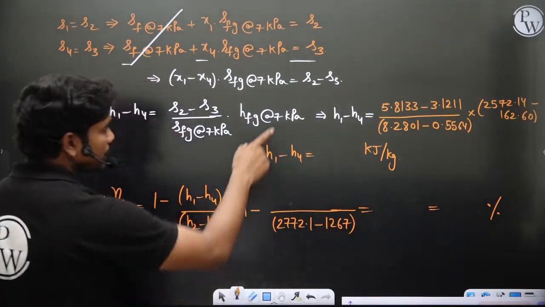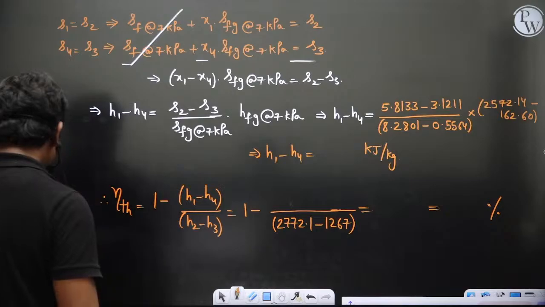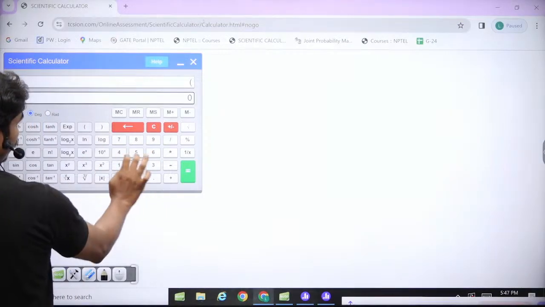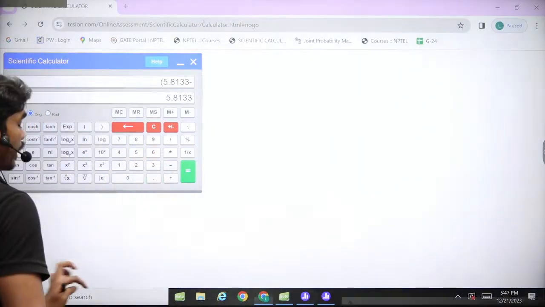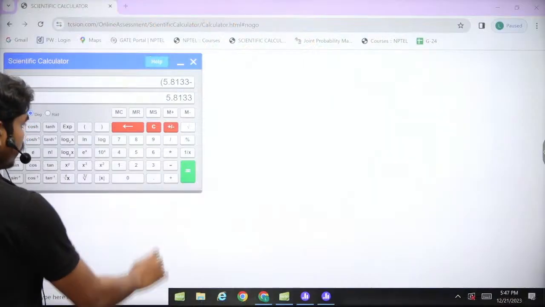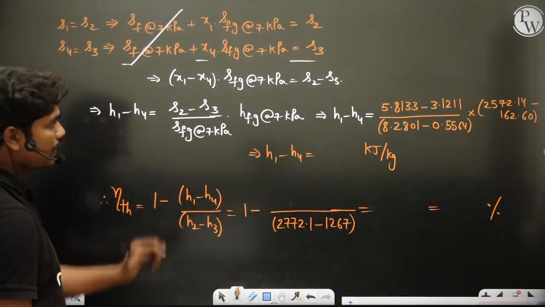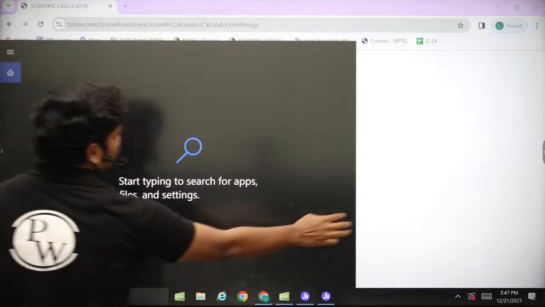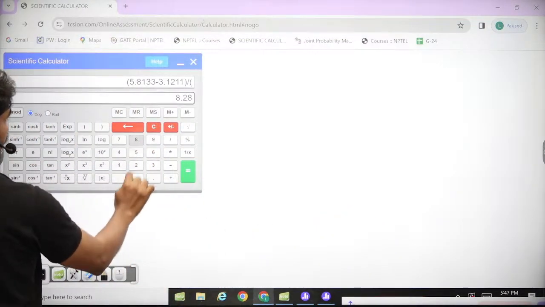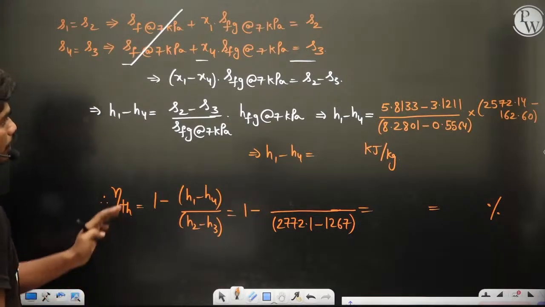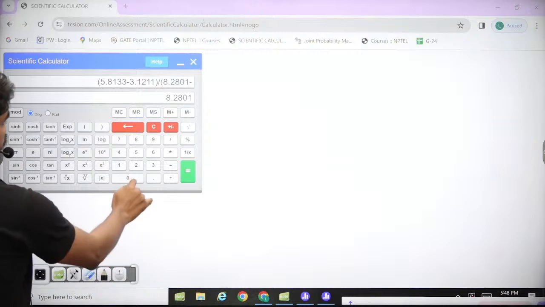Okay, so let's check that. 5.8133 minus 3.1211, this value divided by 8.2801 minus 0.5564.